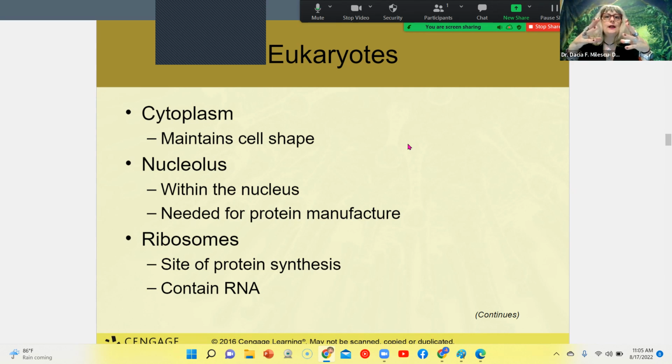It has fluid, but it's semi-solid, semi-fluid, somewhere in between, and maintains the shape of the cell. It is a space that not only contains fluid, it has cytoskeletal elements to maintain the shape, which are made of protein linkages. And of course, it has all the necessary components that are important in the function of a cell.